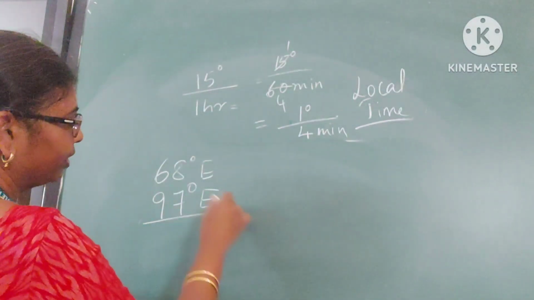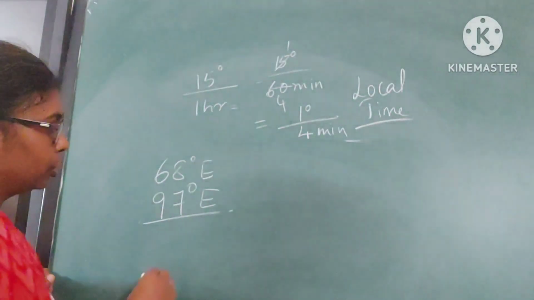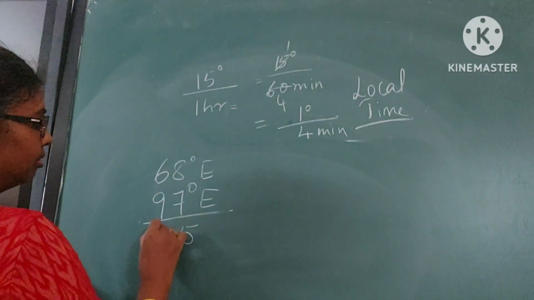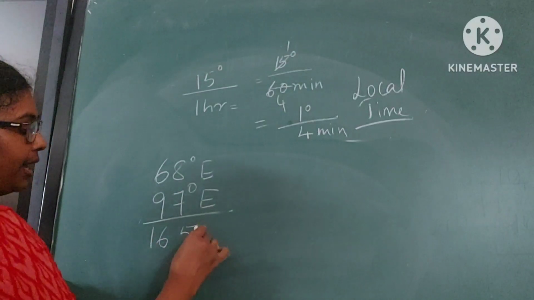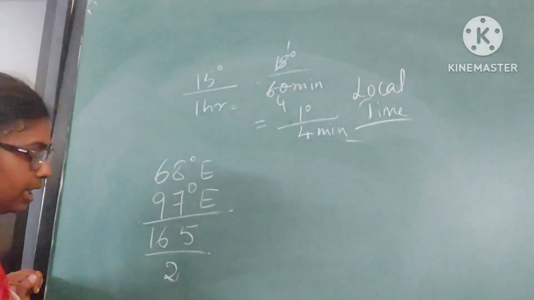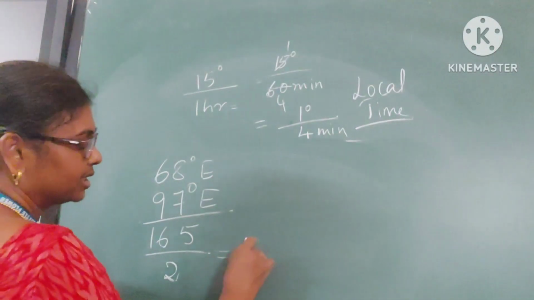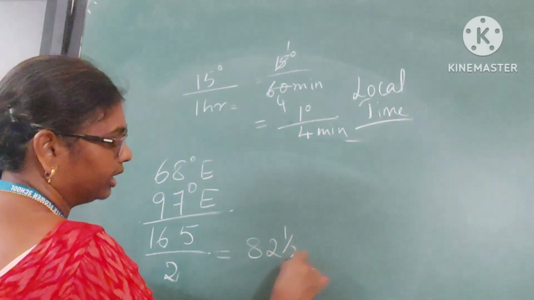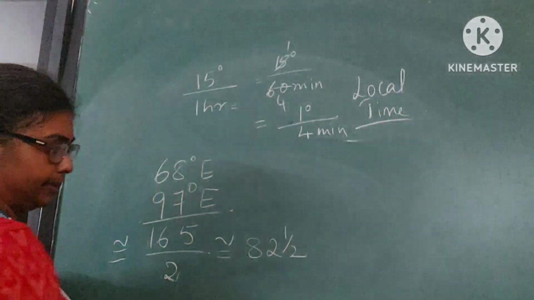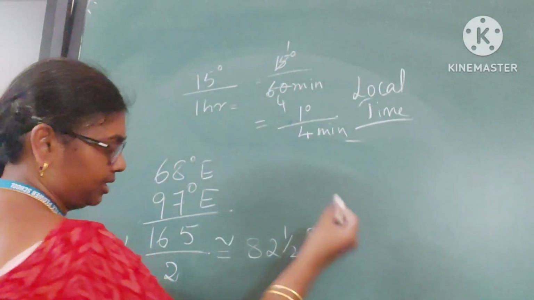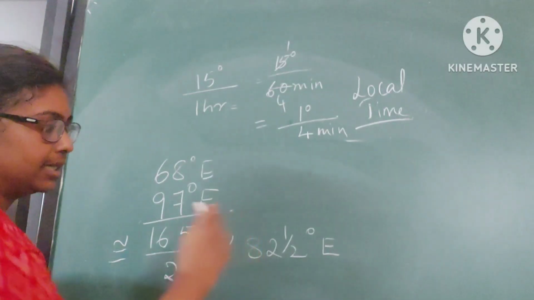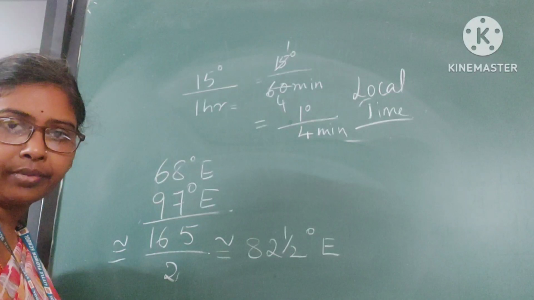So we calculate the midpoint for these two. 97 plus 68 is 165. Divided by 2 to get the midpoint, that is 82.5 degrees east, approximately. So this is our standard meridian.